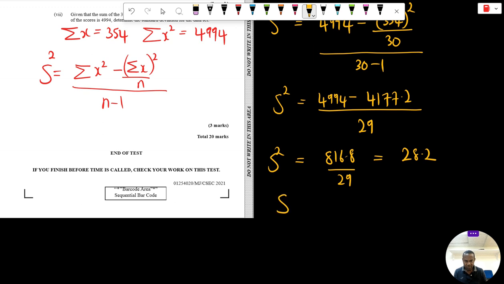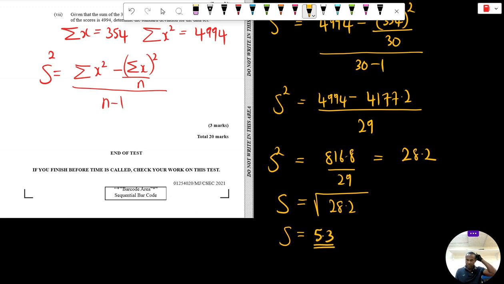Therefore, the standard deviation is equal to the square root of 28.2, so s is equal to 5.3. The standard deviation is equal to 5.3.